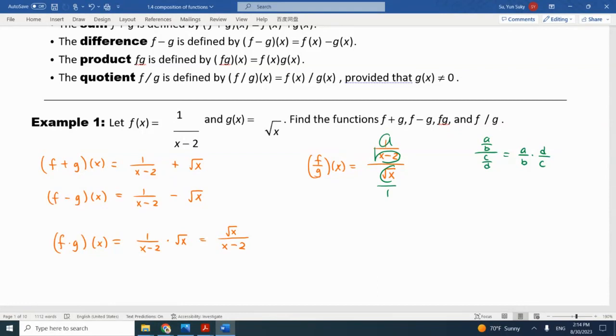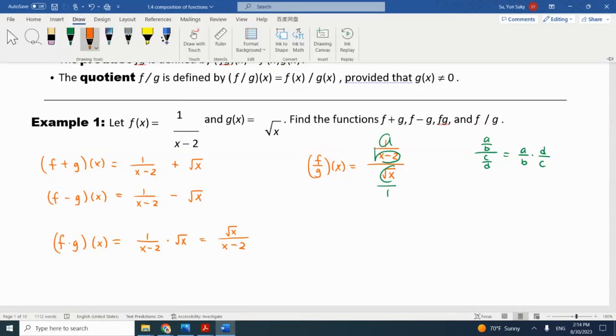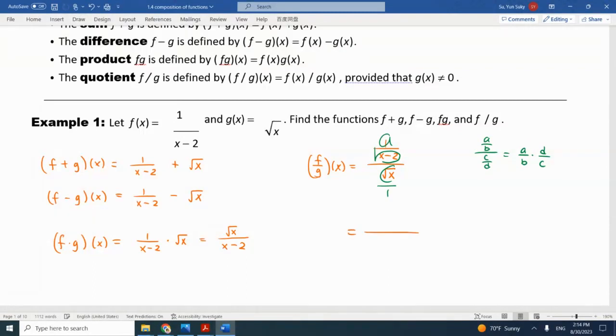Do you agree? So when you rewrite it, your a is 1, so 1 is on the numerator, and then your x minus 2 is downstairs. Right, everybody? C is upstairs or downstairs? Downstairs. So you put square root of x downstairs.